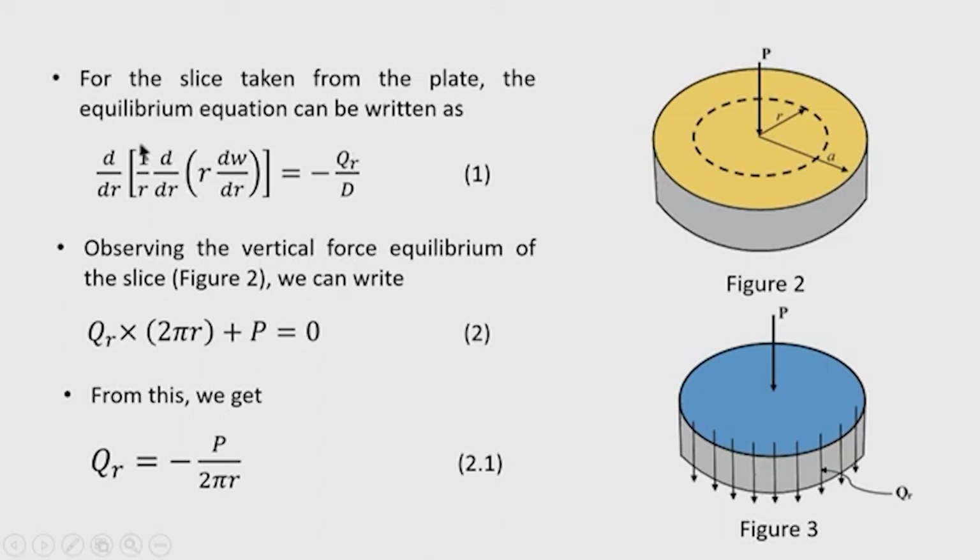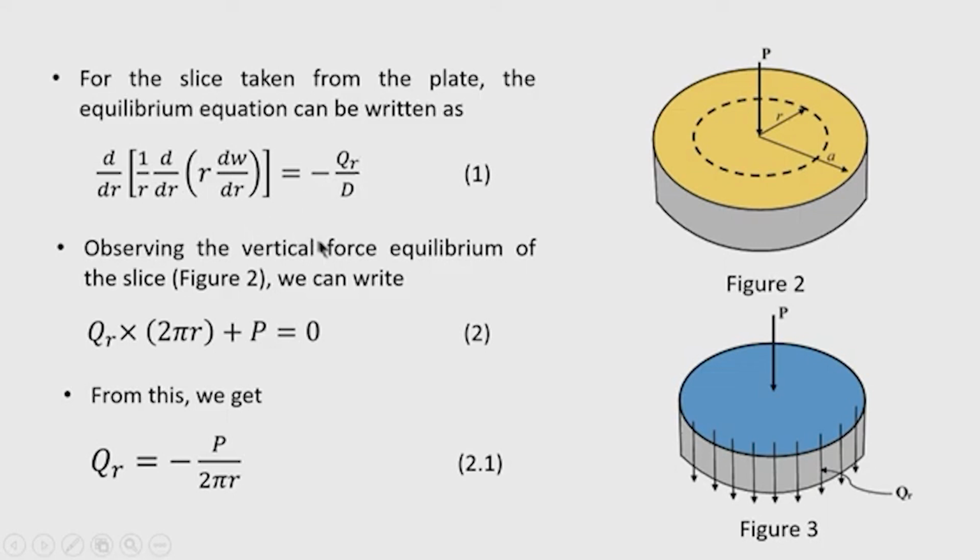So, the equilibrium equation takes the form d by dr of [1 by r d by dr of (r dw by dr)] equal to minus qr by D. In this equation you can see the quantity dw by dr is the slope, and its differentiation is taken 2 times to obtain the third derivative and relate this to the shearing force.